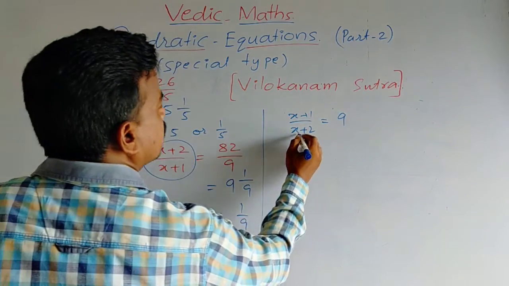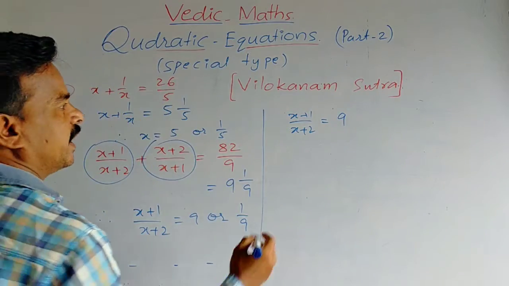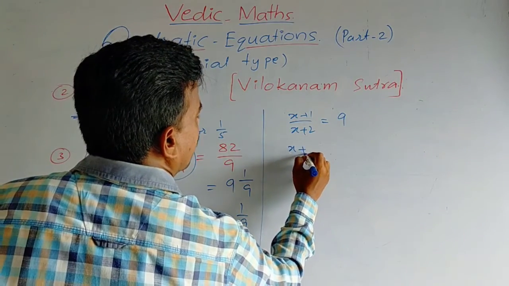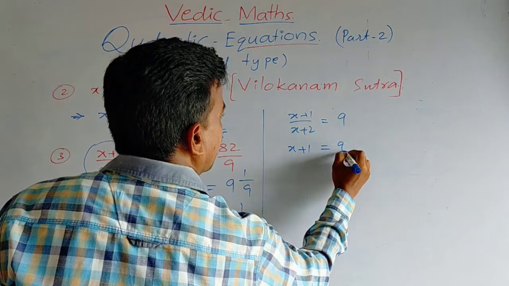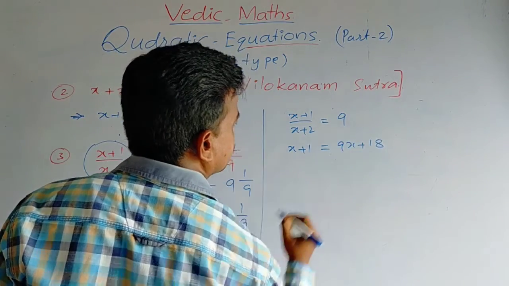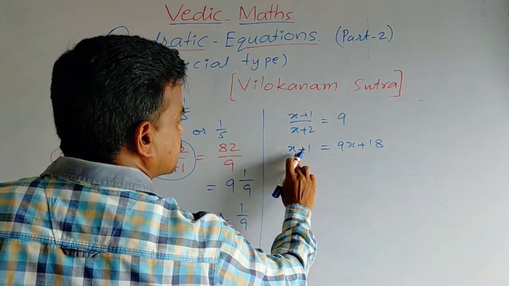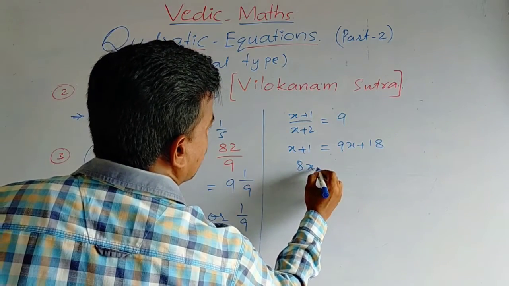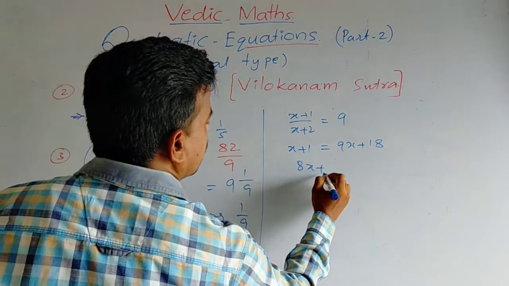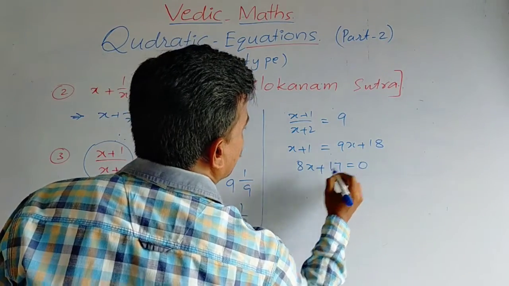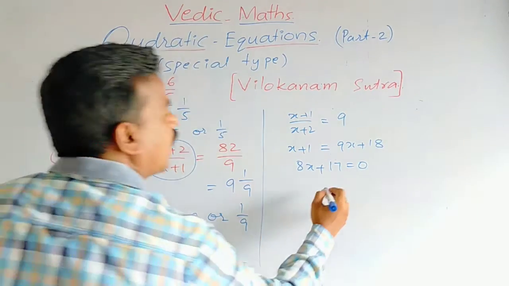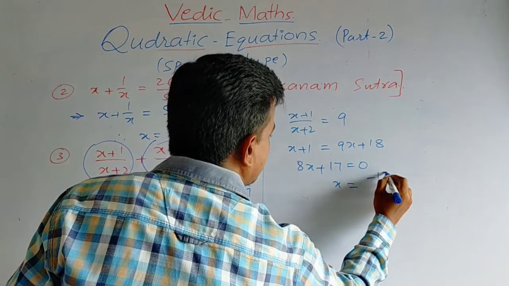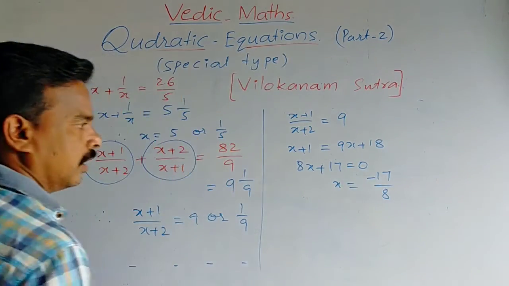Okay, and this x plus 2 you transpose to the right side. x plus 1 is equal to 9x plus 18. Okay, this x plus 1 you transpose to the right side, then we get 8x plus 17 is equal to 0. And then x is equal to minus 17 by 8.